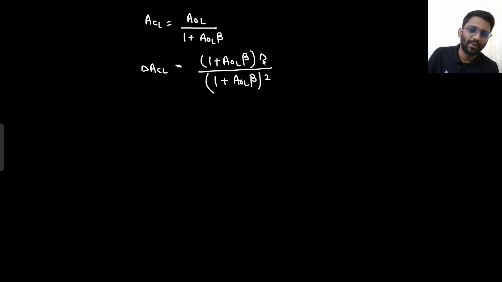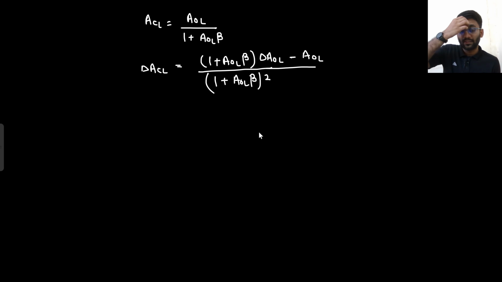Differentiation of AOL, that would be delta AOL, minus AOL as it is, into differentiation of 1 plus AOL beta.